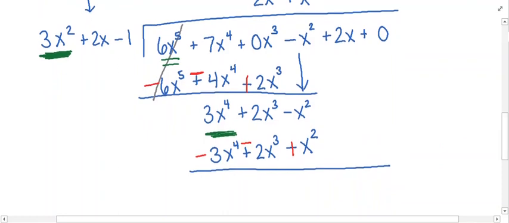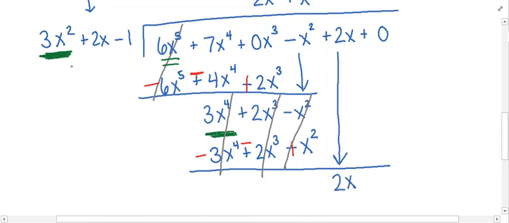So what happens? Well, we have 3x to the 4th minus 3x to the 4th. Those guys cancel. We have 2x cubed minus 2x cubed. Those guys cancel. We have negative x squared plus x squared. These guys cancel. Then we're supposed to bring the next term down.